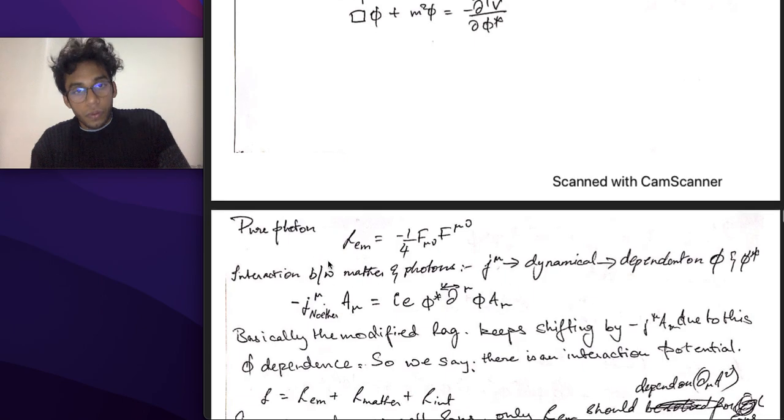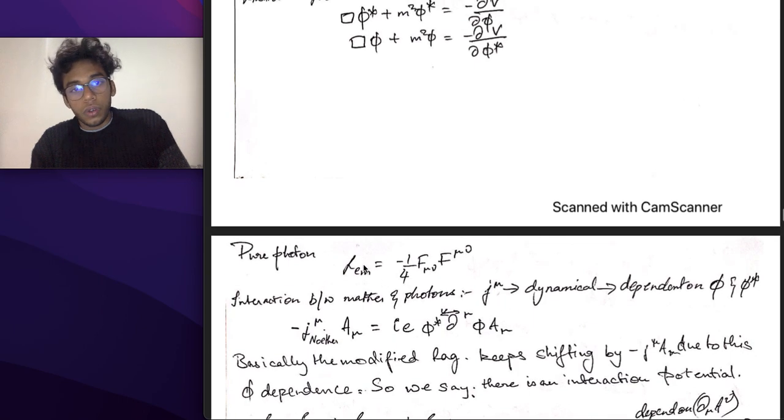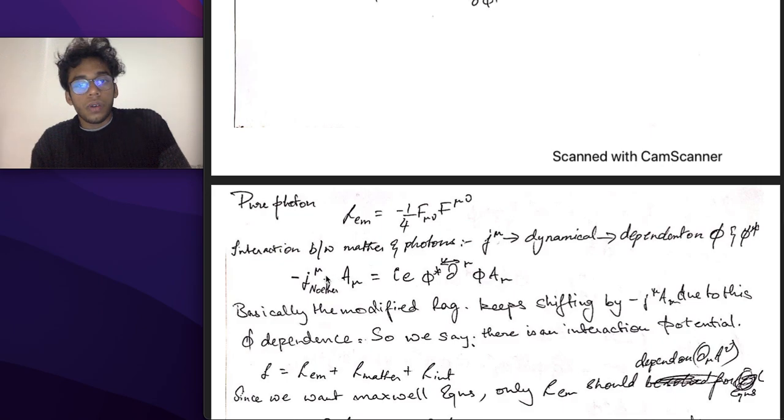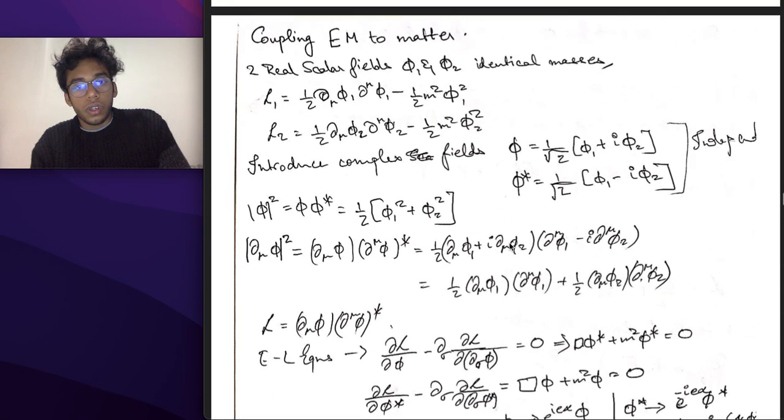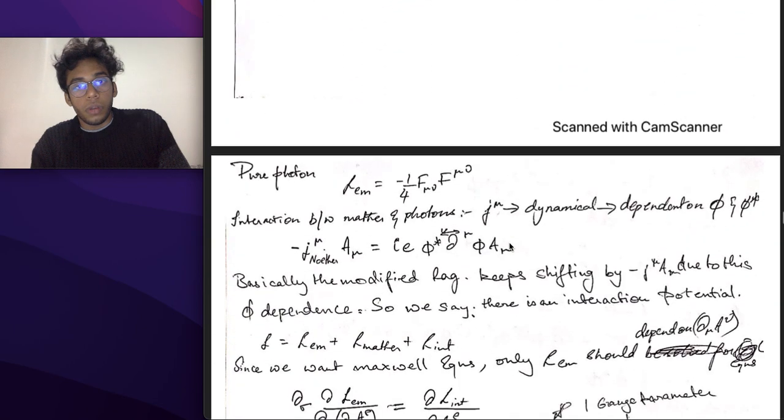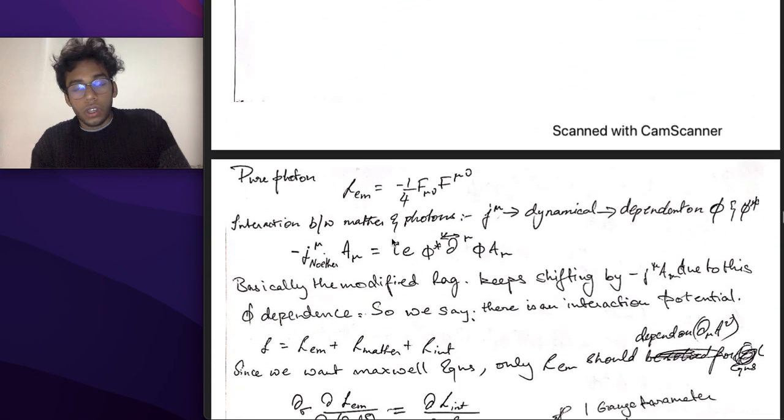And for a pure photon, you know the Lagrangian of electromagnetism is minus 1/4 F_μν F^μν. Now when you want to interact matter with photons, you find that J^μ, which we saw here, is coupled to A_μ. So J^μ is dynamical.